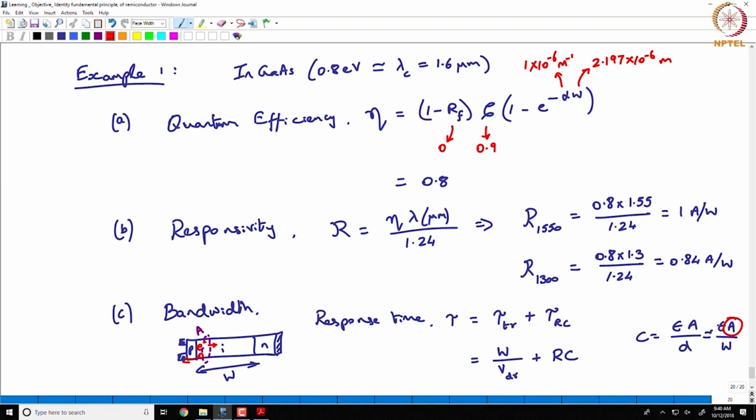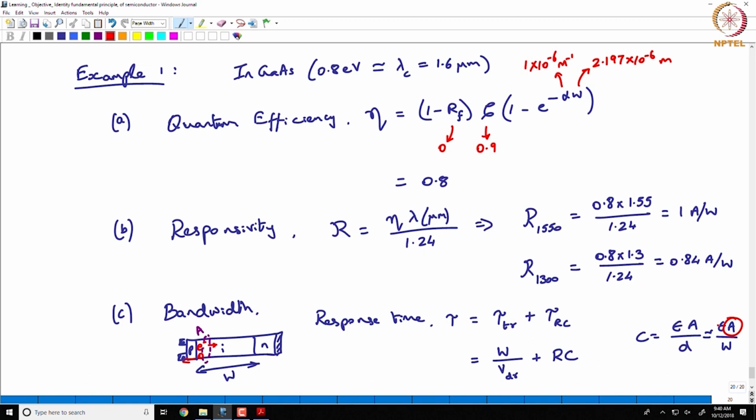Whereas you will have these specific photodiodes which are sold as high speed photodiodes. When you look at the active area of high speed photodiodes, you will find that they are tens of microns in diameter. Why? Because they are trying to play around with this RC time constant.